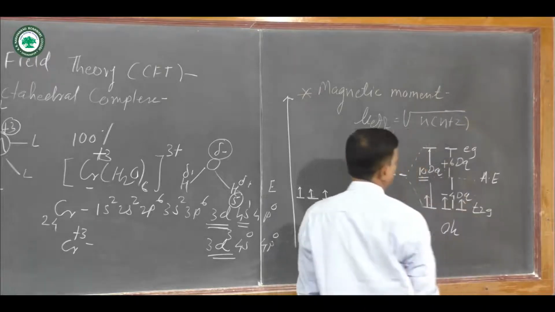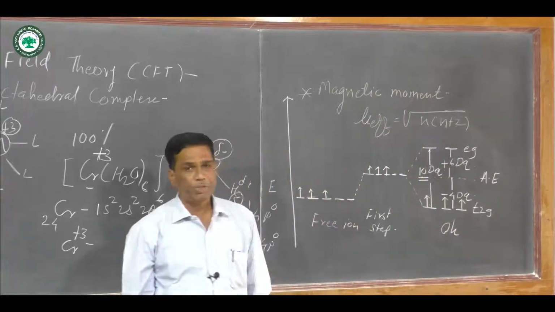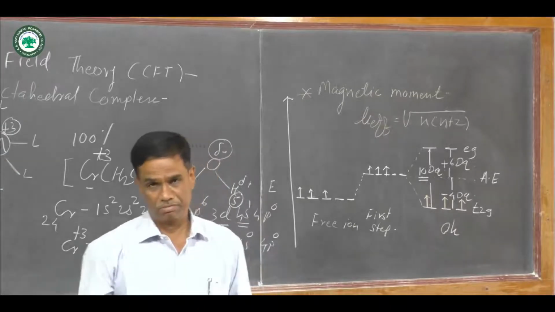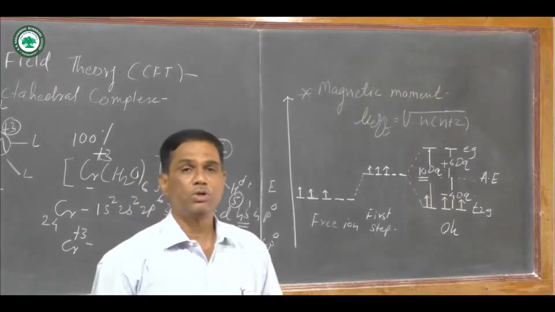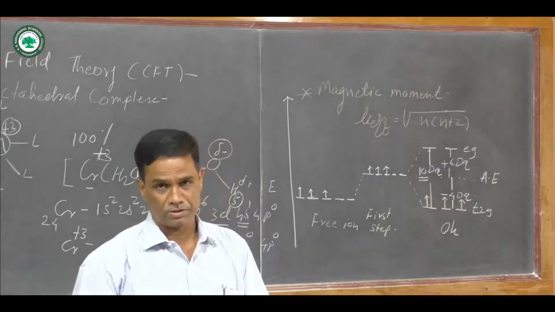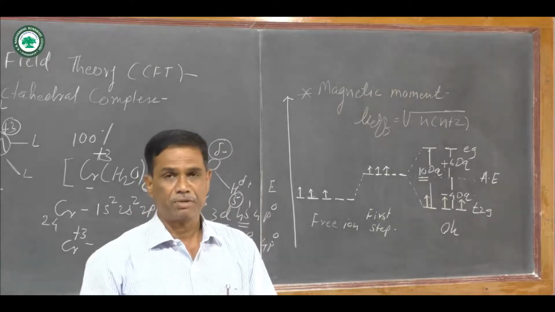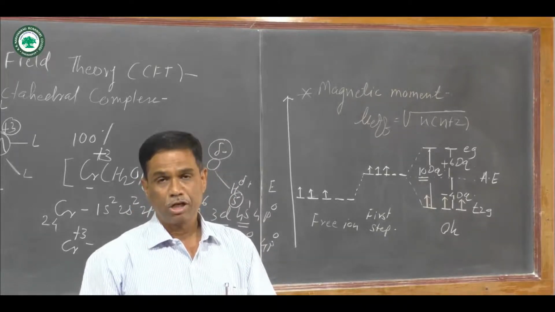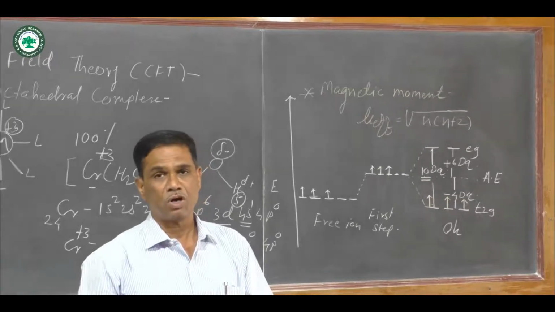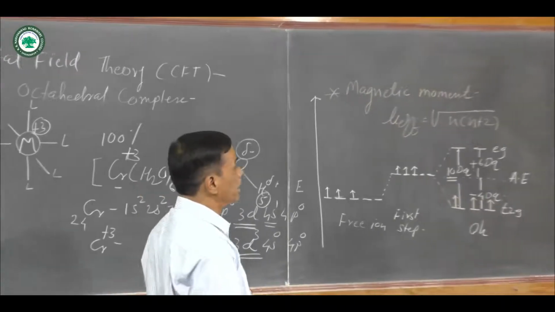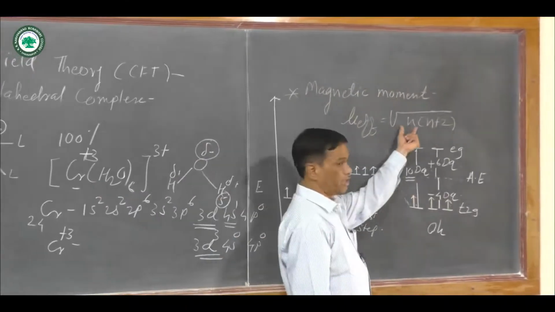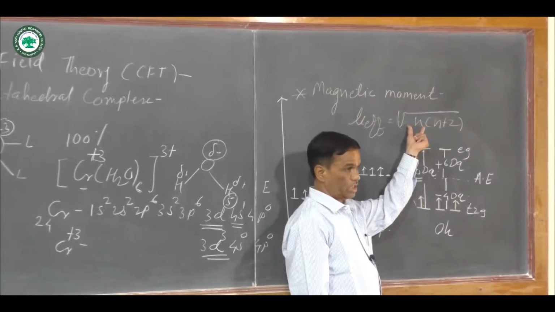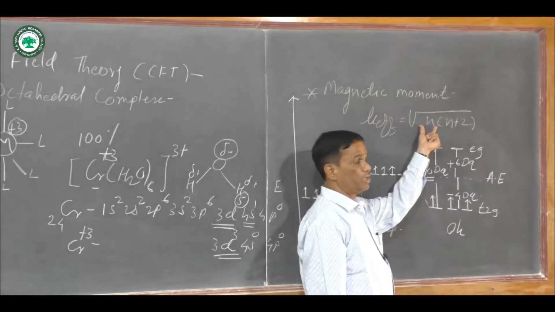Mu effective is the magnetic moment, and n is the number of unpaired electrons. You know that diamagnetic means all electrons are paired, and paramagnetic means presence of unpaired electrons.